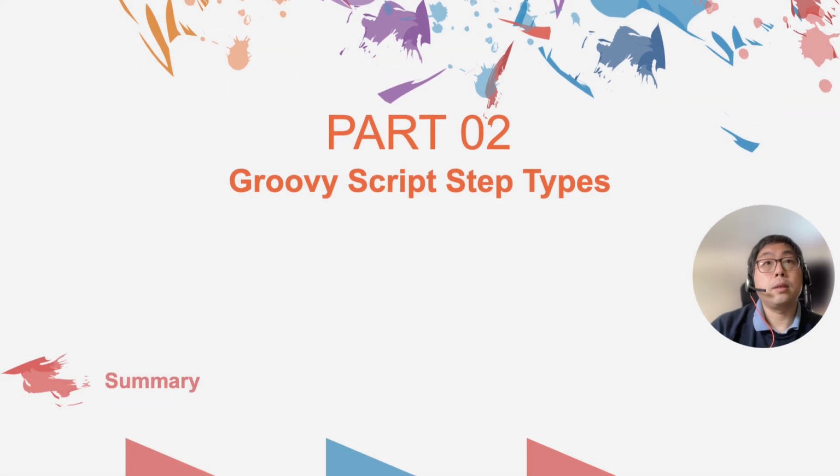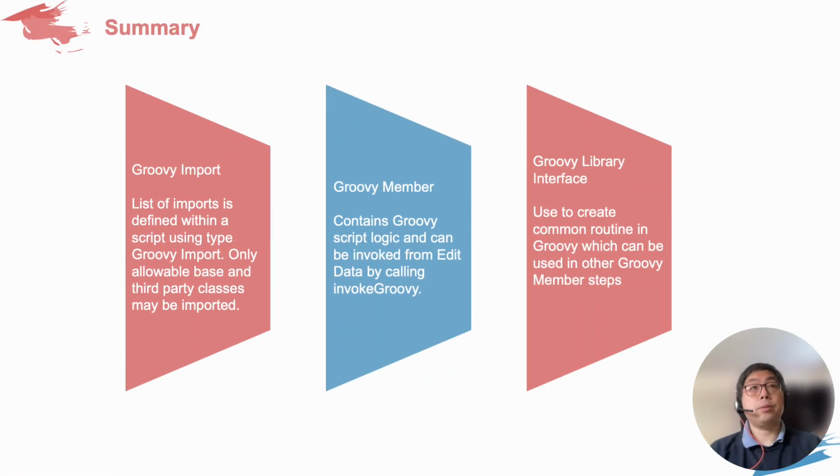Okay, so there are three types of steps when you are trying to implement this in the script. The first one is the Groovy import. Similar to Java, you need to import the classes which you want to use. Then the Groovy member contains the Groovy script language and can be invoked by the existing scripting language, by running a command called invoke Groovy.